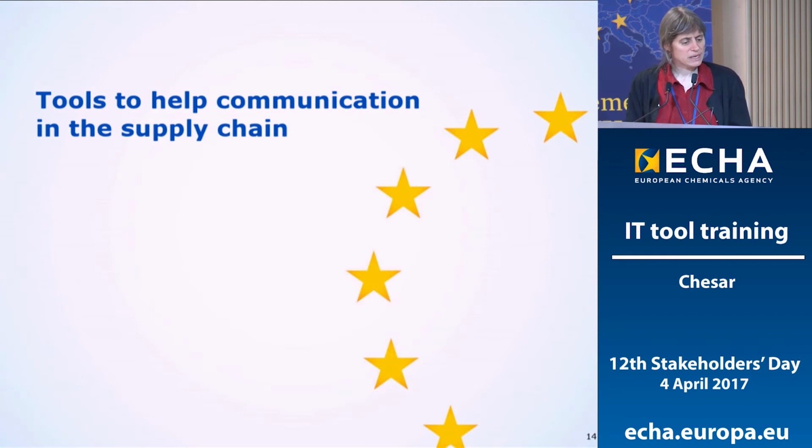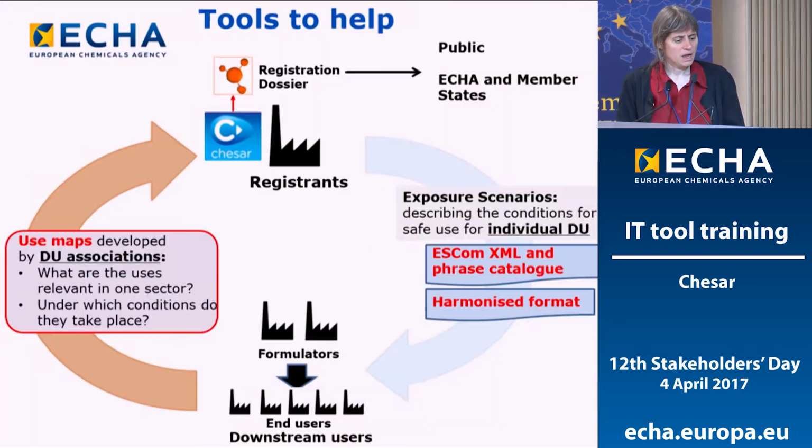So very quickly, a bit on the tools which help the communication in the supply chain. You will hear about that also tomorrow. Same graph as before, but with a few of the tools. To communicate upstream the information on the conditions of use, use maps have been developed.